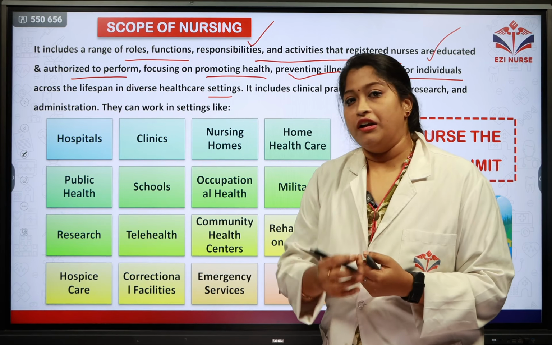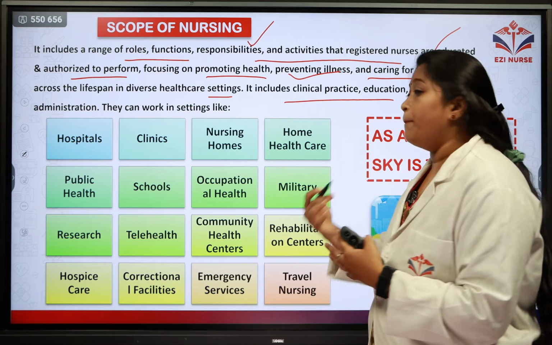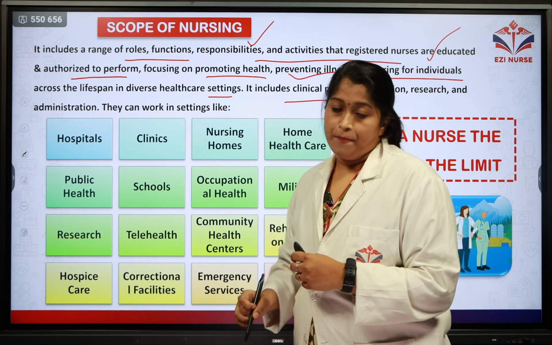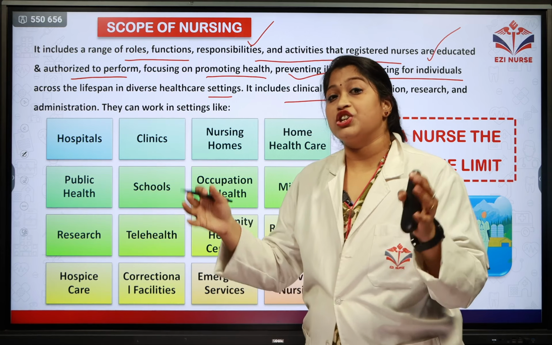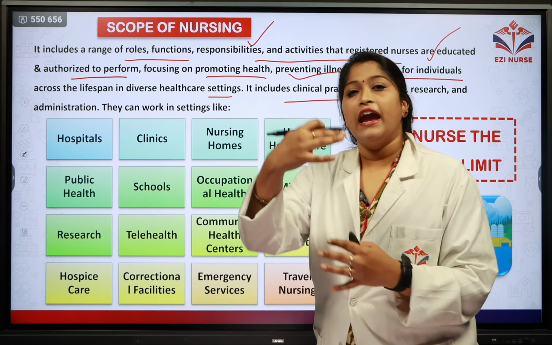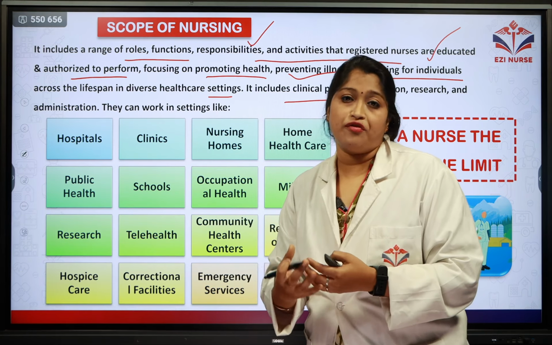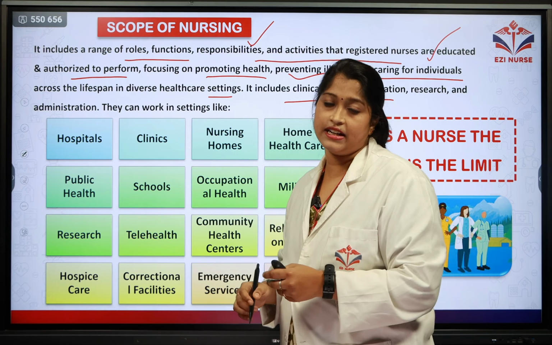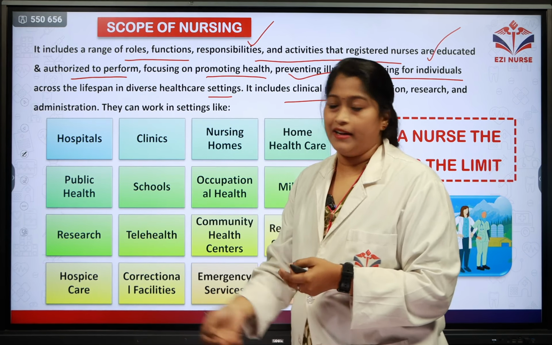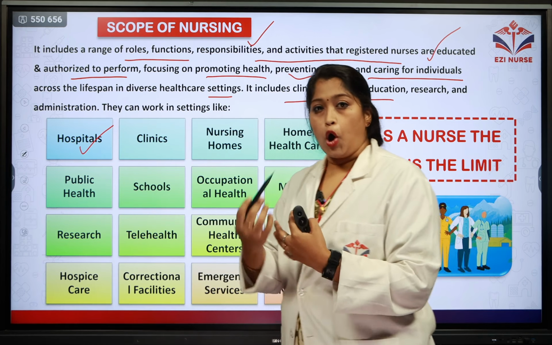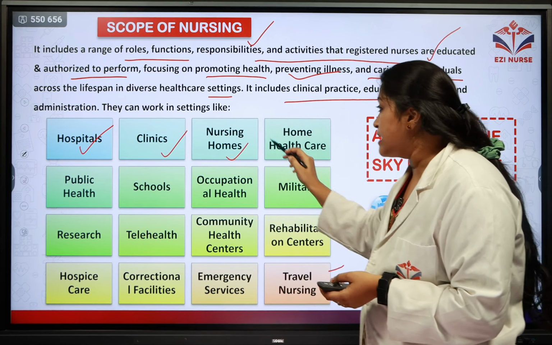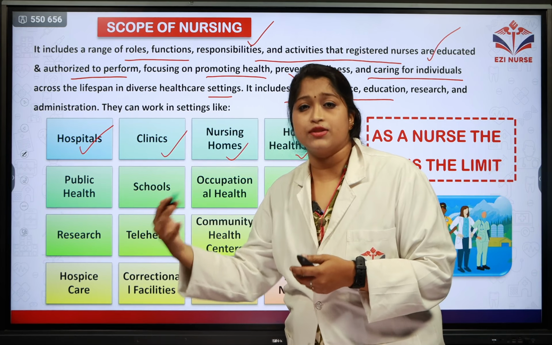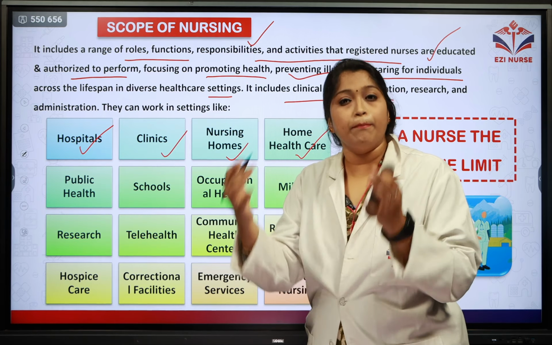It includes clinical practice, education, research, administration, etc. A registered nurse has different scope in performing different kinds of action in different fields, in the sense they can work in different healthcare settings or any other places for that matter. Firstly, they can work in hospitals, clinics, nursing homes, and home healthcare, in the sense they can go to each and everybody's home and give healthcare to the patients.